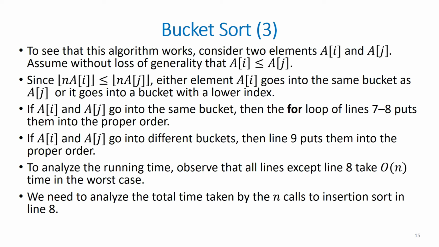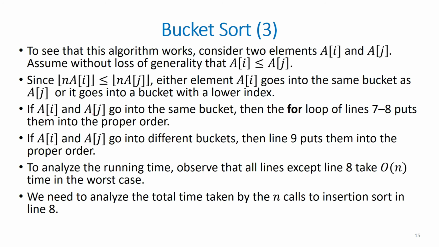Now let's do the running time analysis for bucket sort. Consider two elements, say A[i] and A[j], such that A[i] is less than or equal to A[j]. Since this expression holds, element A[i] would either go into the same bucket as A[j] or into a bucket with a lower index as compared to the bucket of A[j].